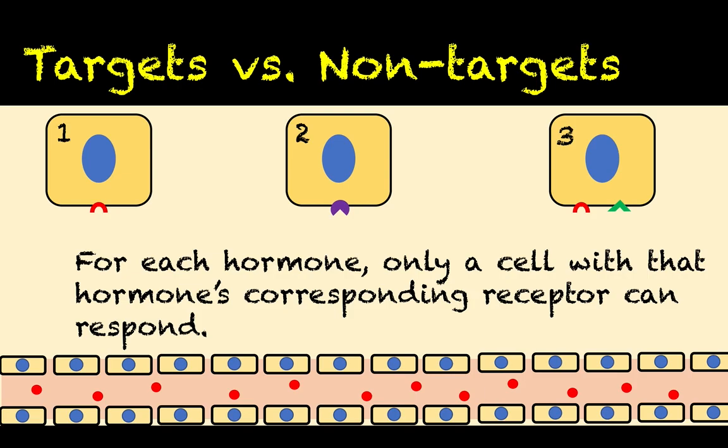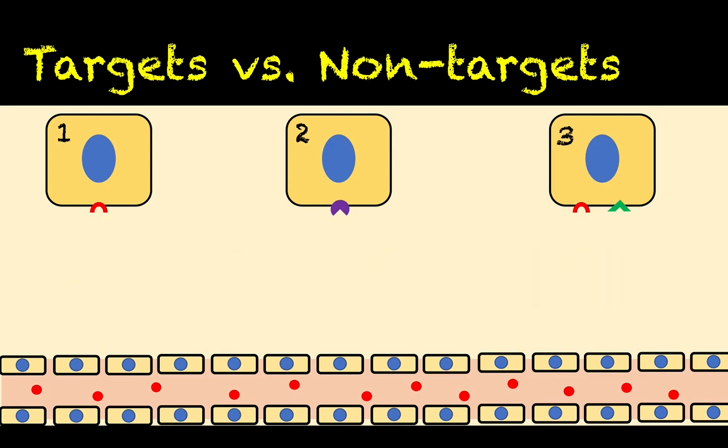You can clearly see what is supposed to be the correct receptor for this particular hormone. And true to form, only a cell with that correct receptor will be able to respond to this particular hormone. So if you look here, these hormones that are in the bloodstream exit the bloodstream, go into the interstitial fluid, diffuse towards their target cells, and then bind to their intended receptor.